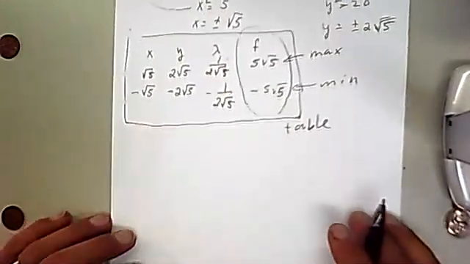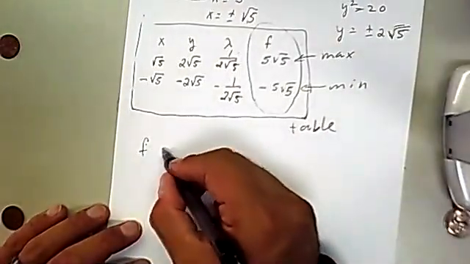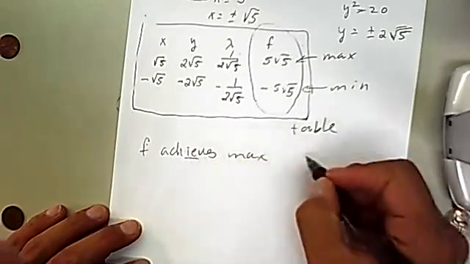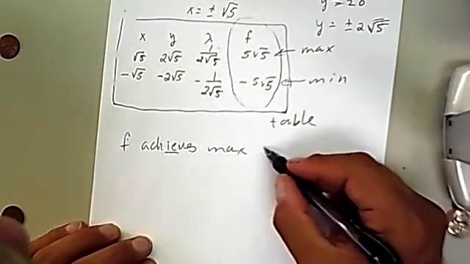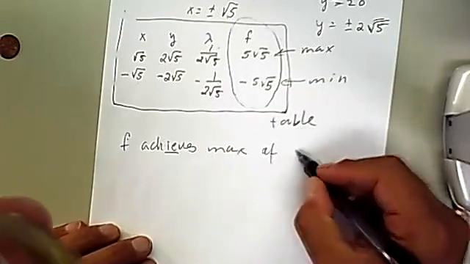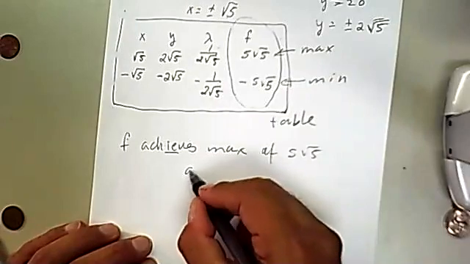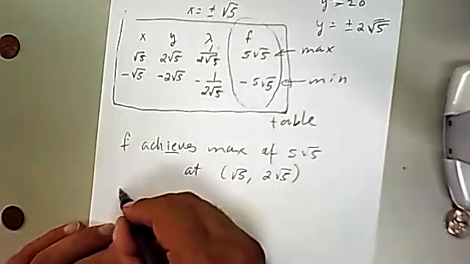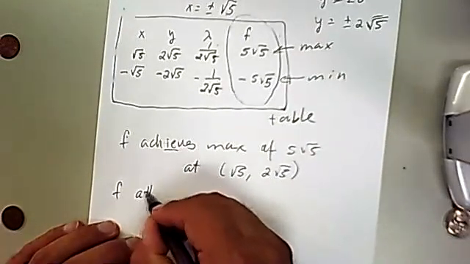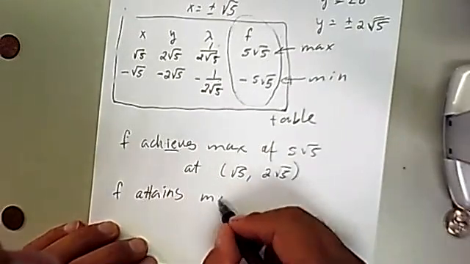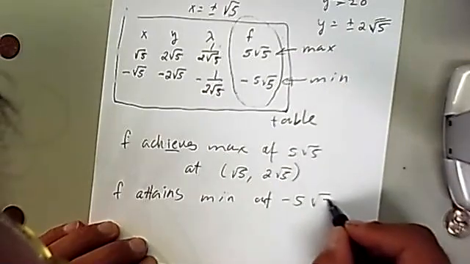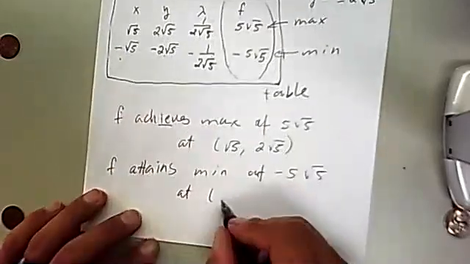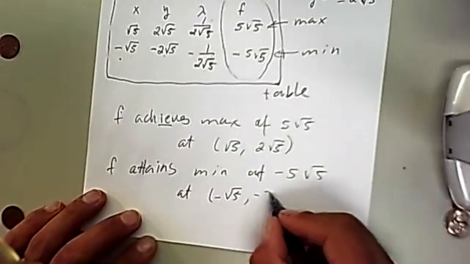But we still have to give a solution. So f achieves maximum of 5 square root of 5 at square root of 5, comma, 2 times square root of 5. f attains a minimum of negative 5 square root of 5, and it's an absolute minimum, well, under the restriction, at negative square root of 5, comma, negative 2 times square root of 5.